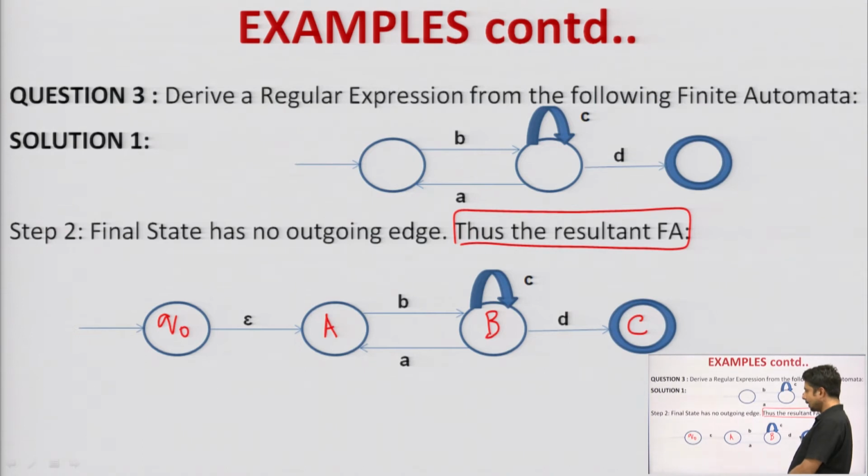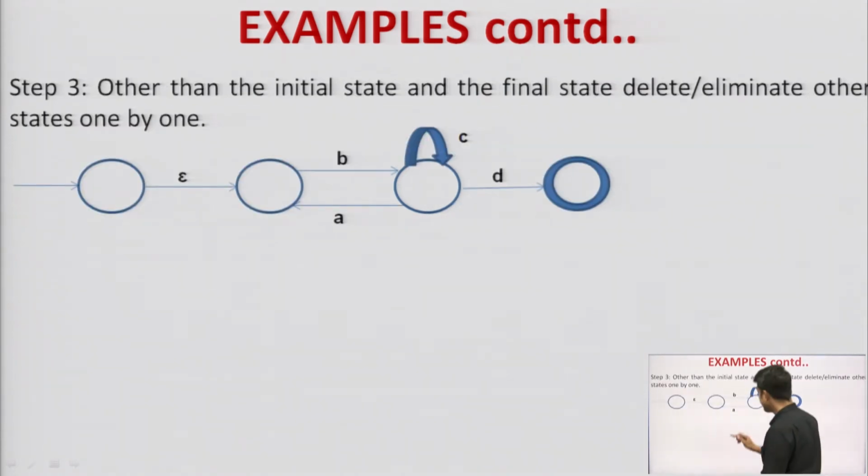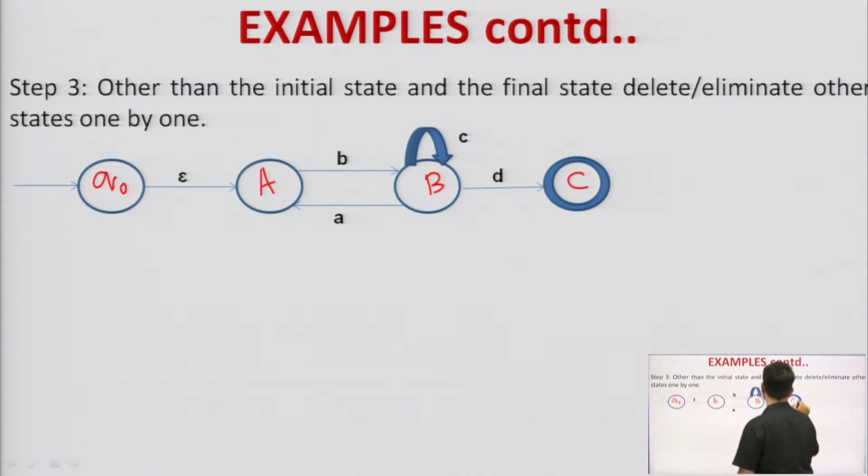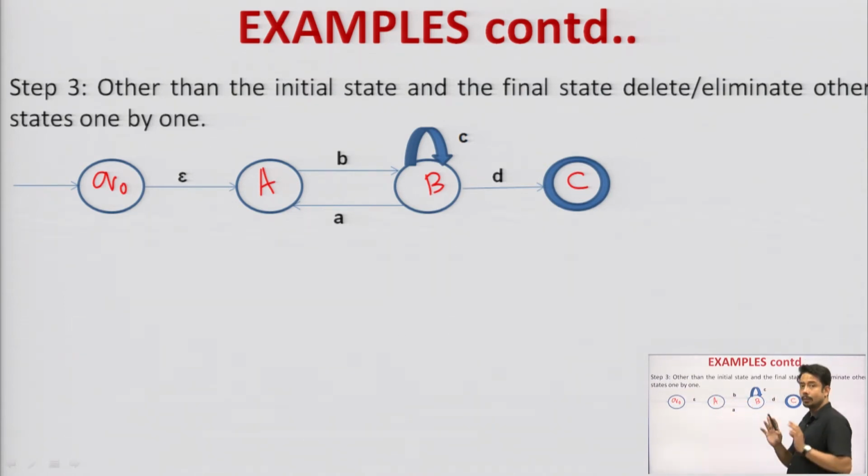Now, you might be thinking about how to eliminate these states. That is the concept. Let me write it down again: Q naught, A, B and C. How to eliminate the states? You can eliminate either A or B; it is completely up to you.